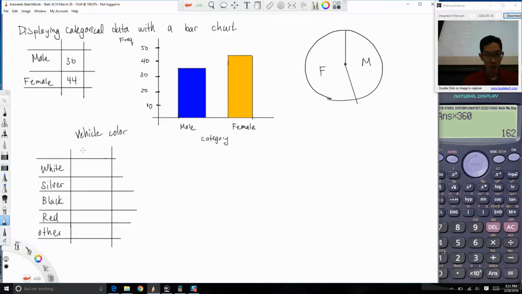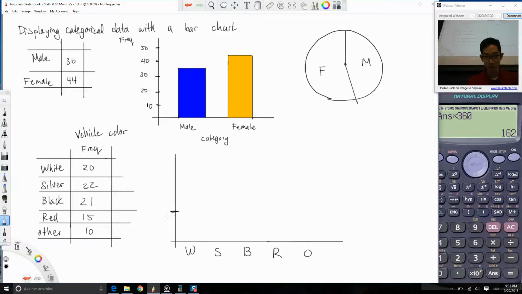And we got frequency. All right, so I'm just gonna make up numbers here. Okay, so we got 20, 22, 21, 15, and 10. If you have something like this, I'm gonna write white, silver, black, red, and other.